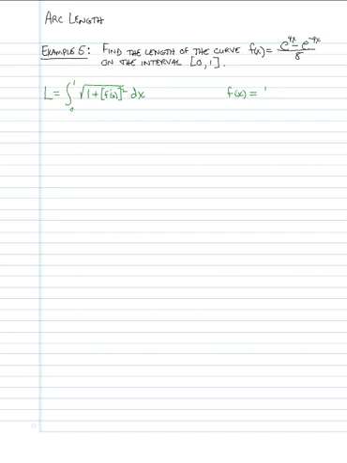I'm going to write it as 1/8 times e to the power 4x minus 1/8 times e to the power negative 4x. Now that'll make it a little easier to calculate the derivative. So when I do calculate the derivative, f prime of x will be 1/8 times e to the 4x.